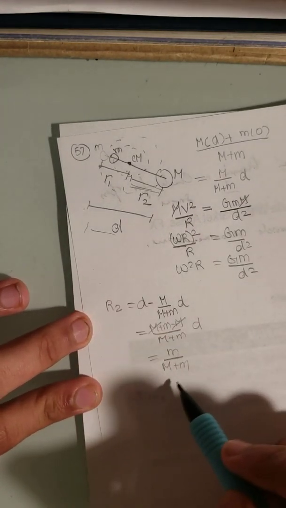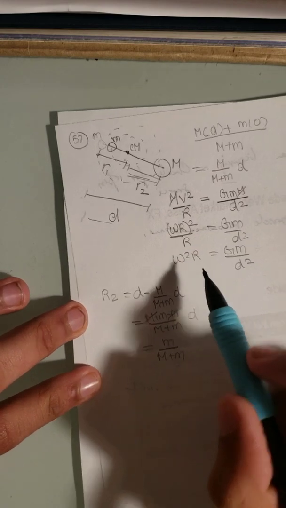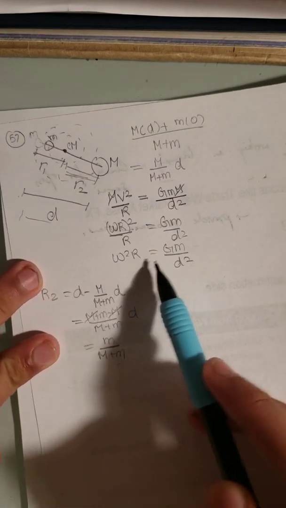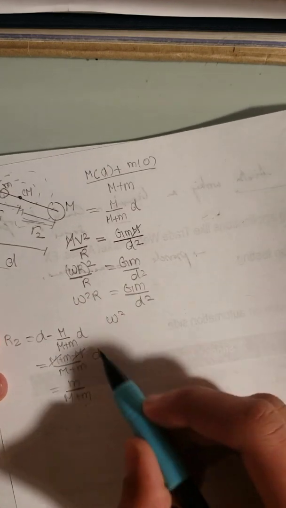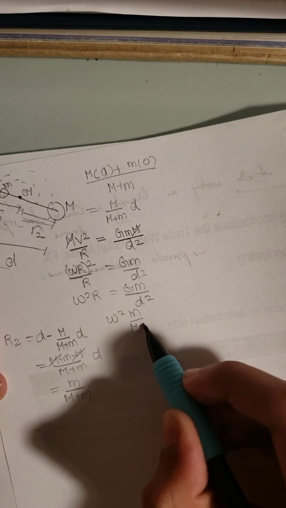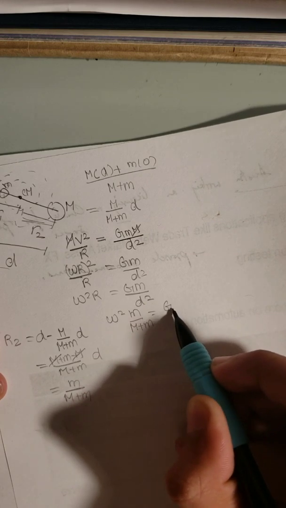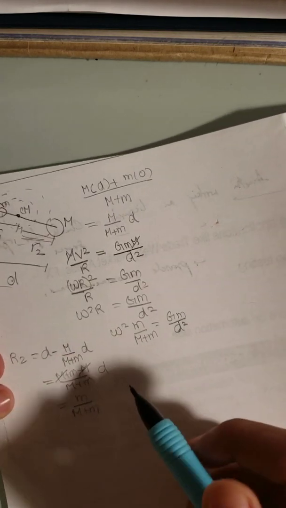Now we'll substitute this expression that we got for r in our expression involving our omega. So omega squared, instead of r, we're putting m over M plus m, is equal to Gm divided by d squared.